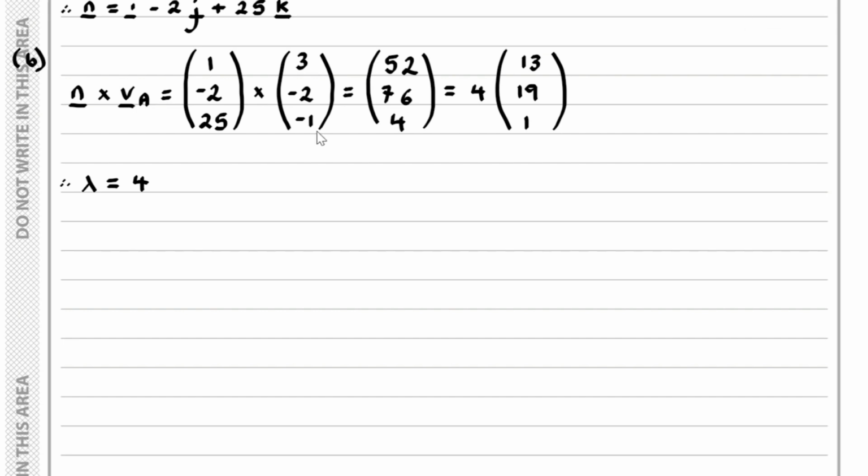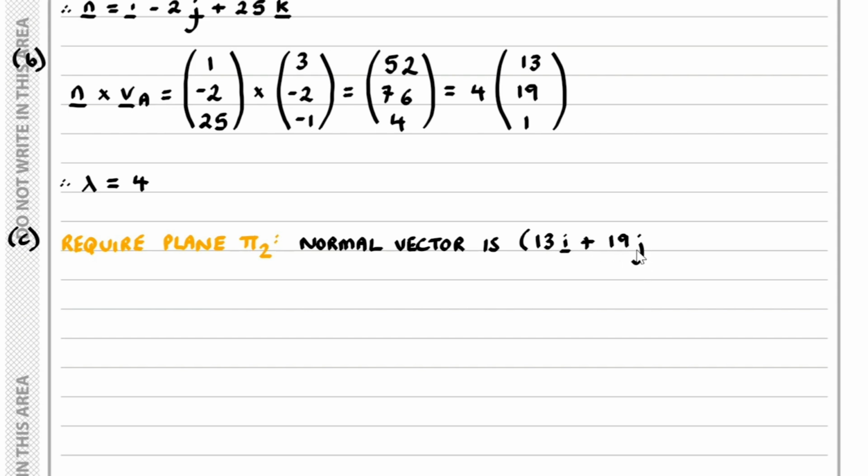And so, for part C, we require the plane pi2, and the normal vector will be given by 13i plus 19j plus k.